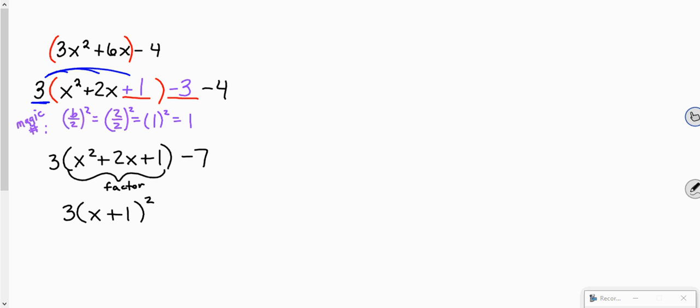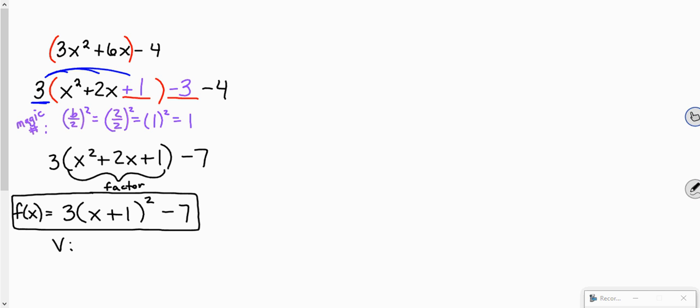I've still got the 3 out front, and I've got the minus 7 out the back. That is vertex form. Okay, we just went from standard form to vertex form. So that means my vertex is at negative 1, negative 7. This would point up and stretch vertically by 3.